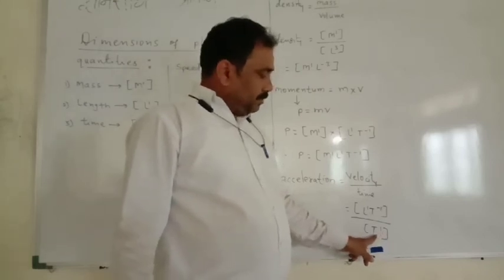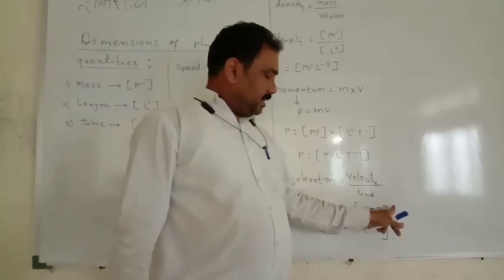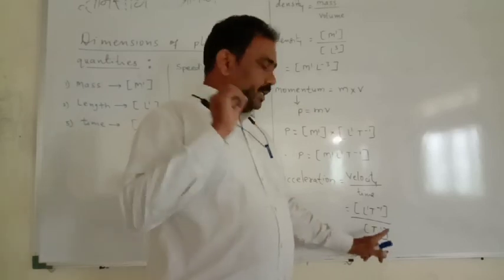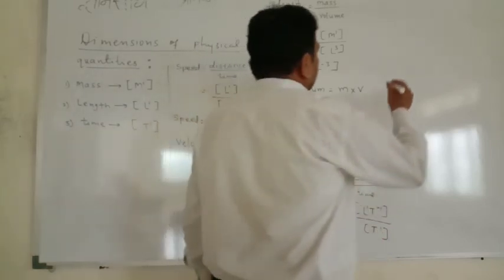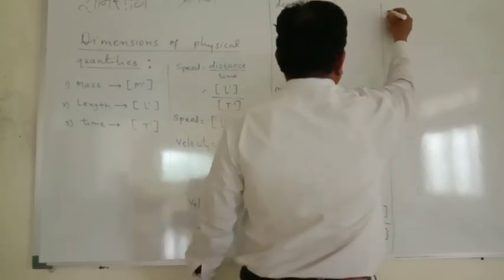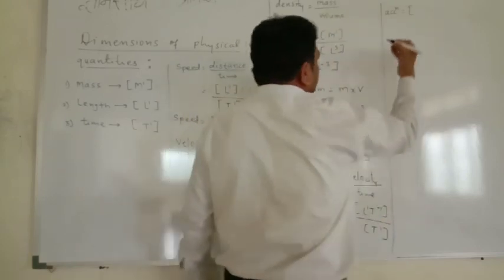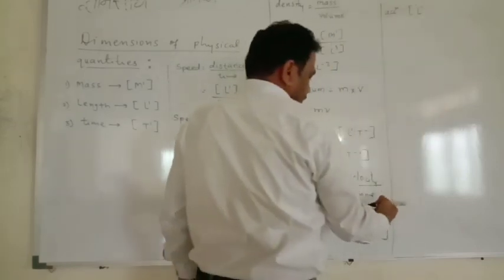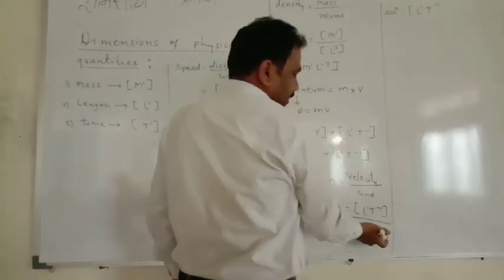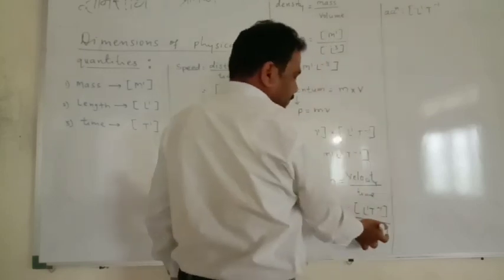If you want to put this T to the power plus 1 at the numerator, then instead of plus 1 you should write minus 1. So acceleration is equal to L1, T minus 1 is already there, and putting T to the power plus 1 at the numerator it becomes minus 1.